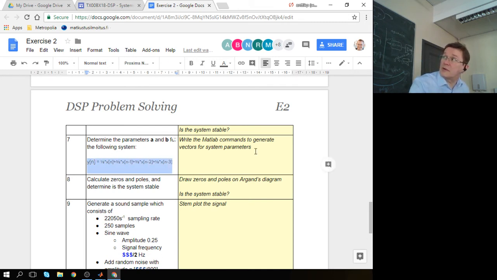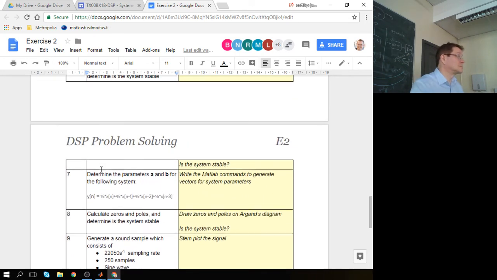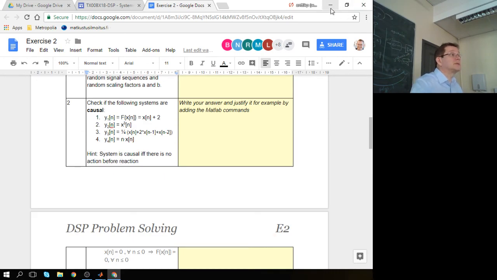You need to find out what are the system coefficients and calculate the zeros and poles, if the system is stable, then generate a very short sound sample, about 10 milliseconds long, and compare the outputs, just visually, to see how they differ. Okay, let me show you the hints.